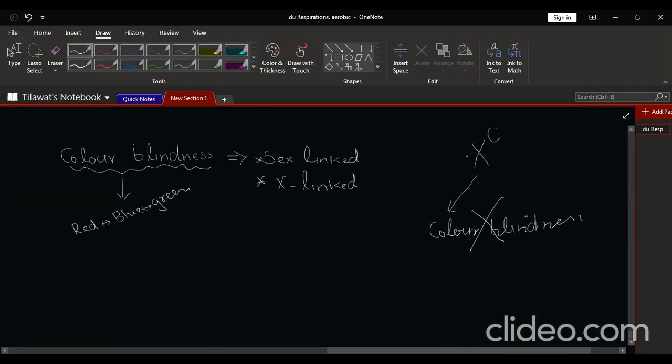While if due to some reason this dominant gene converts into a recessive gene because of mutation, this person will be colorblind.